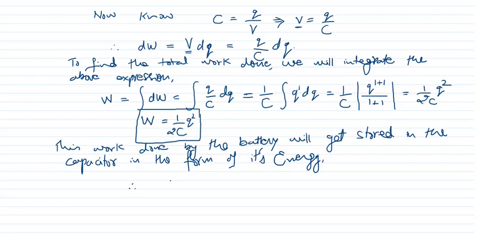Therefore, the energy stored in the capacitor, generally represented by U, is equal to Q square by 2C. So this is the expression for the energy stored in the capacitor.